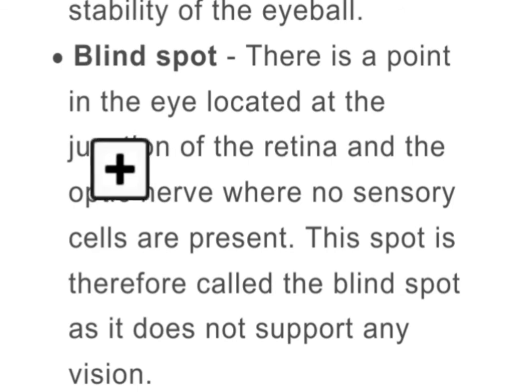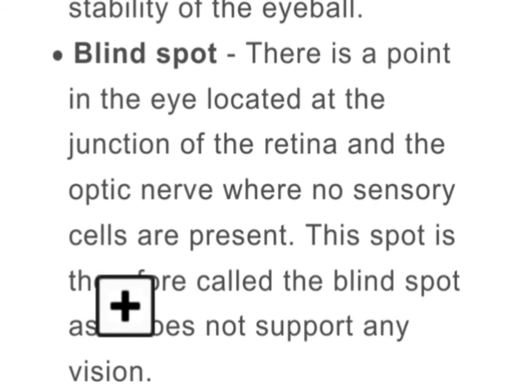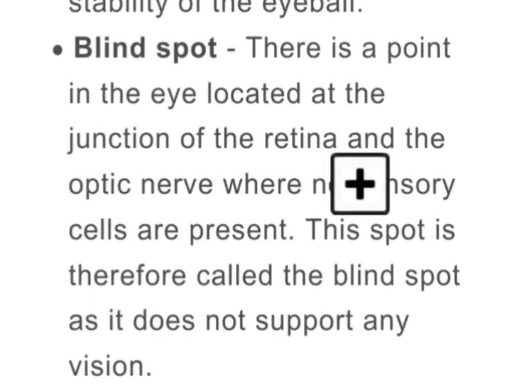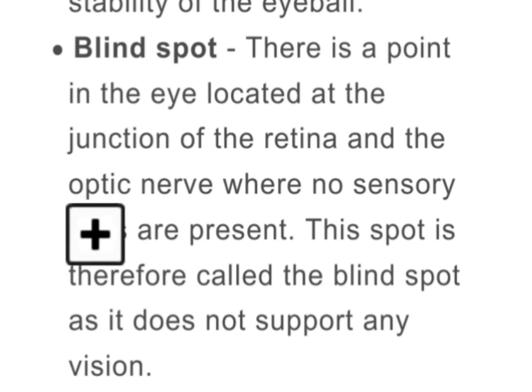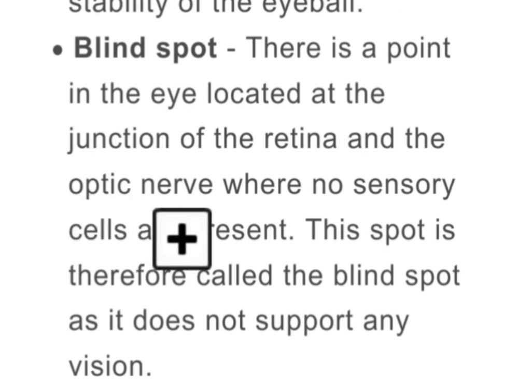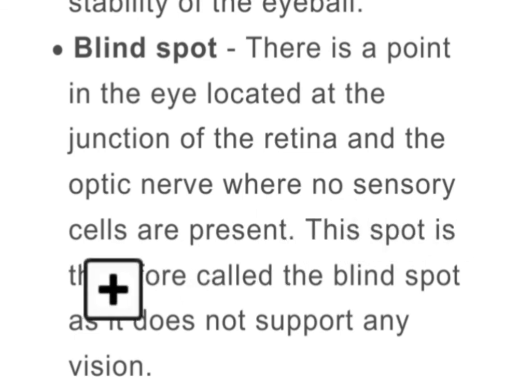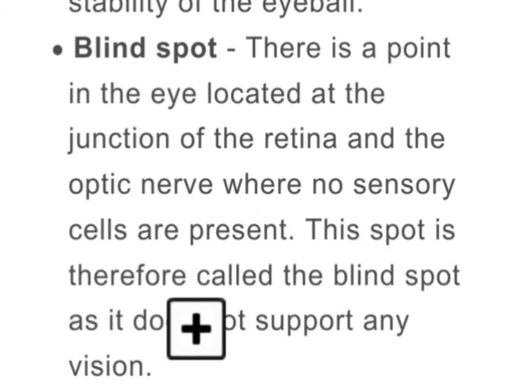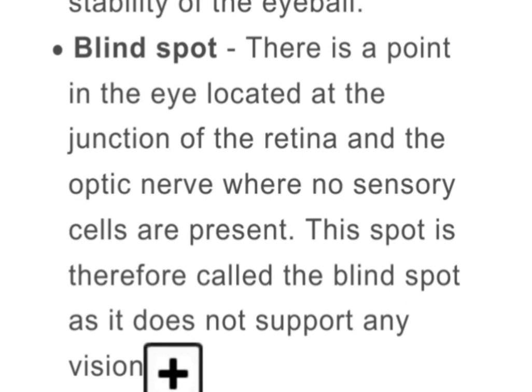This is the part from where the optic nerve leaves the retina, and at this site there are no sensory cells. So this spot is called the blind spot because it does not support any kind of vision.